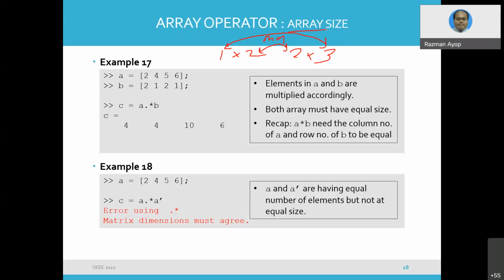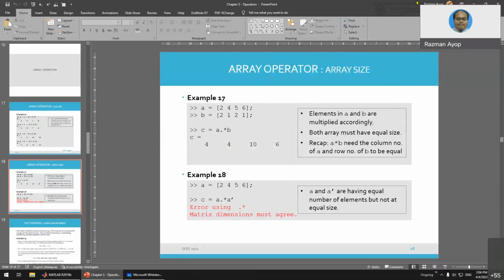But for array operation which has a dot, the size needs to be the same. So if A is 1 by 4, the second one needs to be 1 by 4 also. You need to know how to write this in MATLAB, and of course you need to do it manually to answer the exam or test.